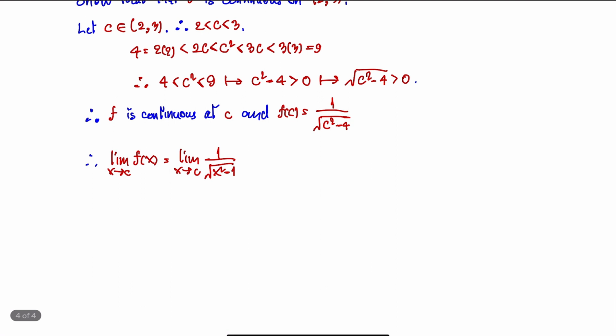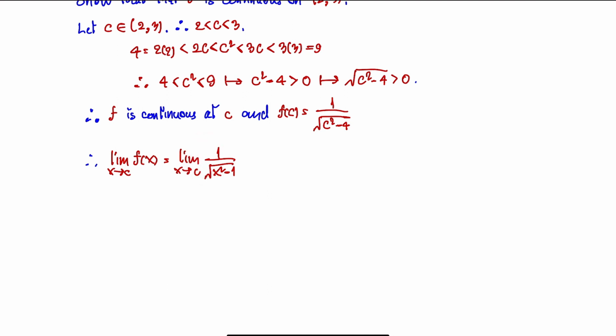So since x squared minus 1 is a polynomial, it is defined everywhere. Yes, it's defined everywhere. So we can distribute this limit into the numerator and denominator.